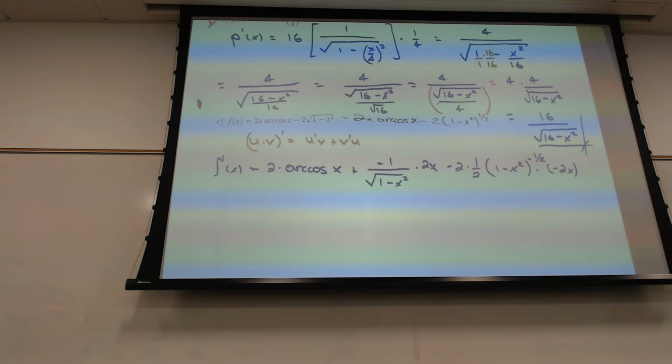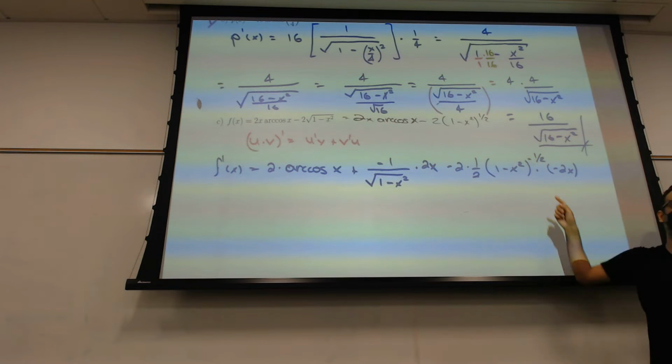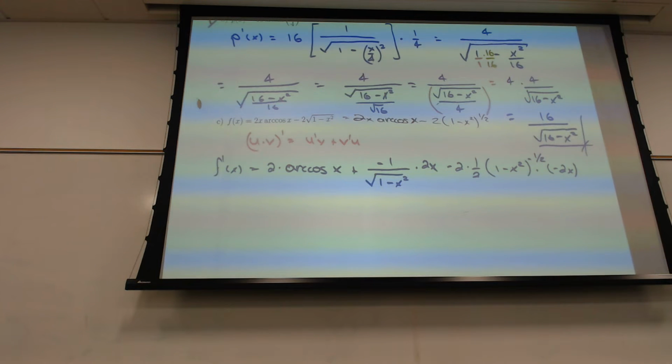We're done with that function, and then we differentiate the innermost function, which in this case was the 1 minus x squared. And of course, if we had more functions, and in fact there are, we just keep going. That's pretty much the idea of the chain rule, having multi-layer functions: just differentiate the inner and the inner and the inner until you get everything done.